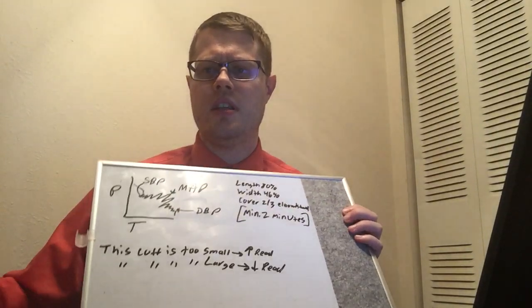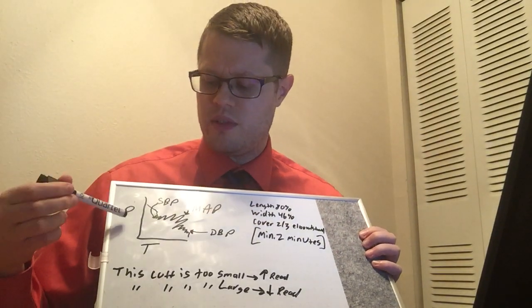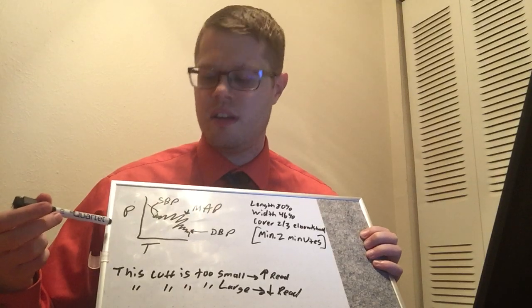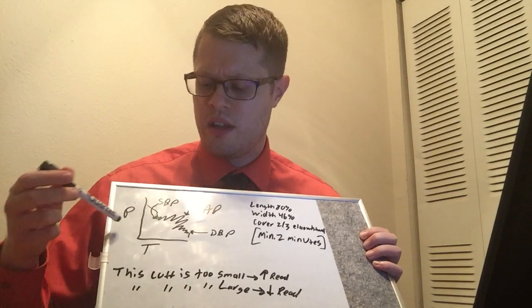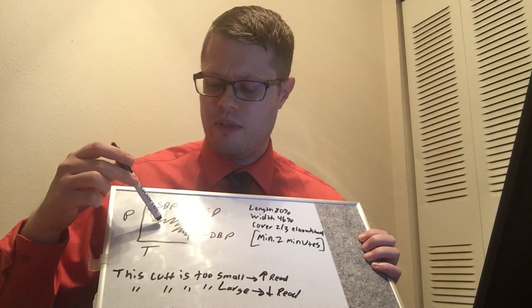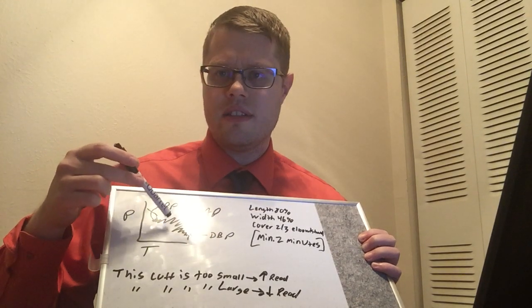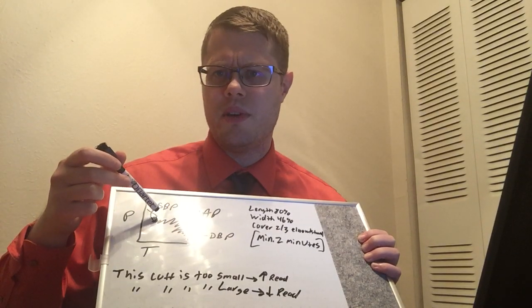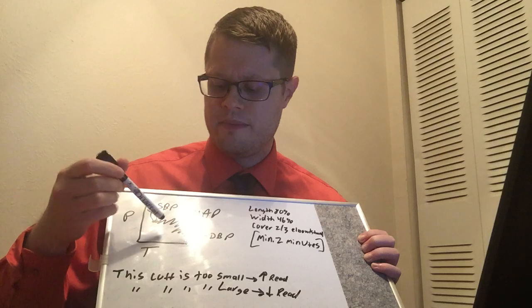So here with the props today, this is pressure versus time, pressure in millimeters of mercury, because we live in America. As it opens up, this is the blood reverberating off the side of the arterial wall. When it first starts hitting, that's the systolic blood pressure, as far as where the cuff is at.